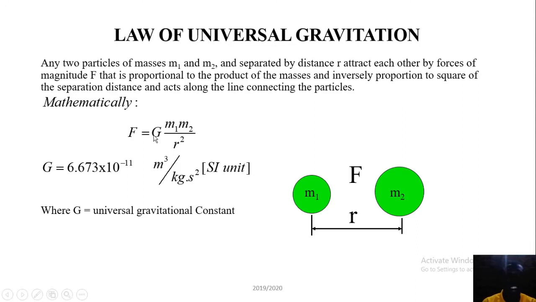And this G is the universal gravitational constant, which is given as 6.673 times 10 exponent negative 11 meter cubed per kilogram second squared.